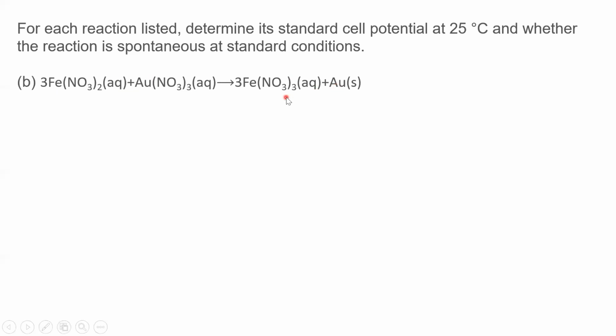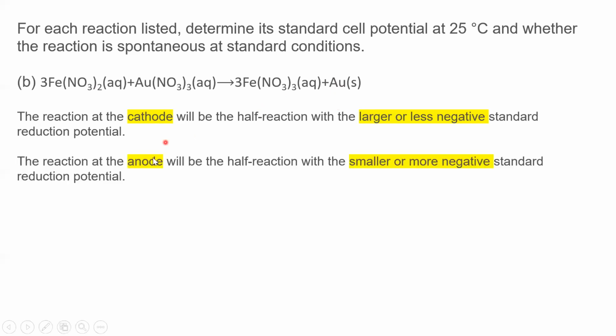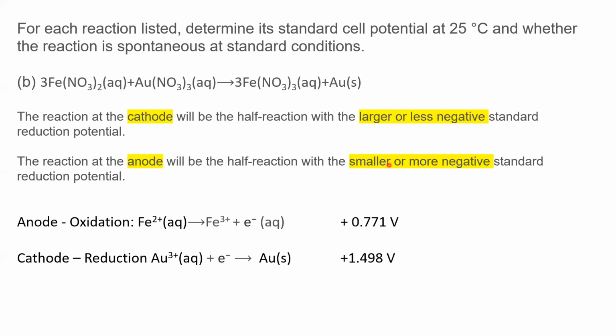We want to decide whether or not this reaction takes place. And again, what takes place at the cathode compartment is the reduction half reaction, so it would be the one with the larger reduction potential value. What takes place in the anode compartment is the oxidation, and it would have the smaller, or sorry, more negative reduction potential value.